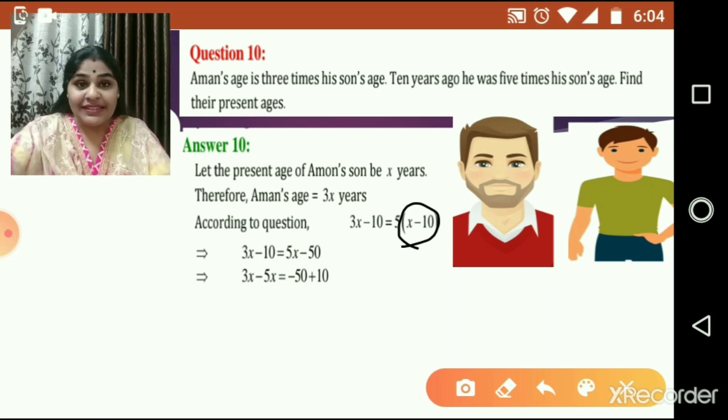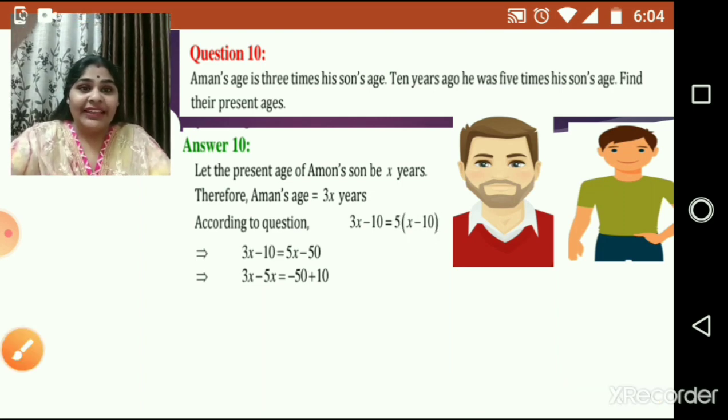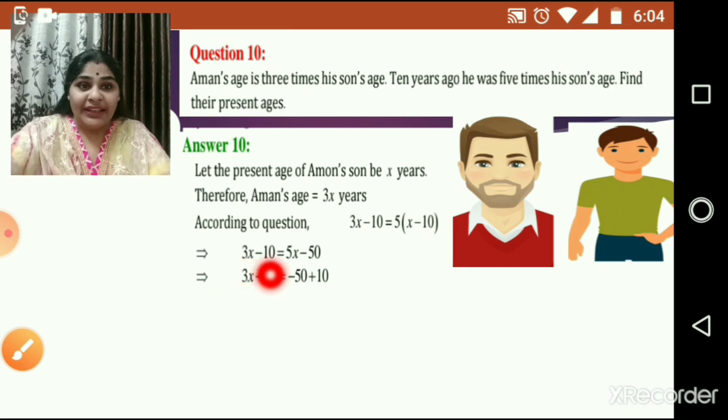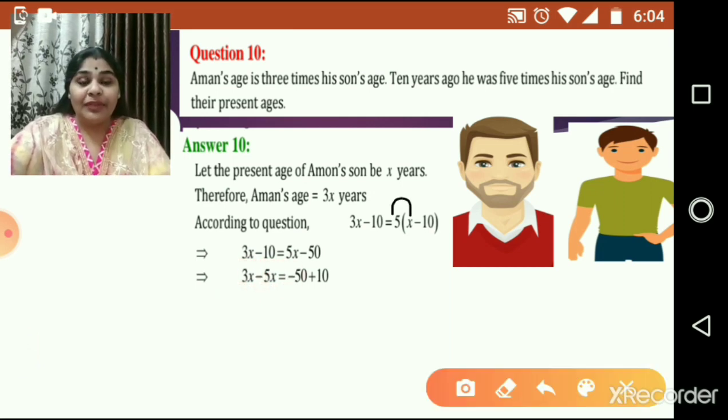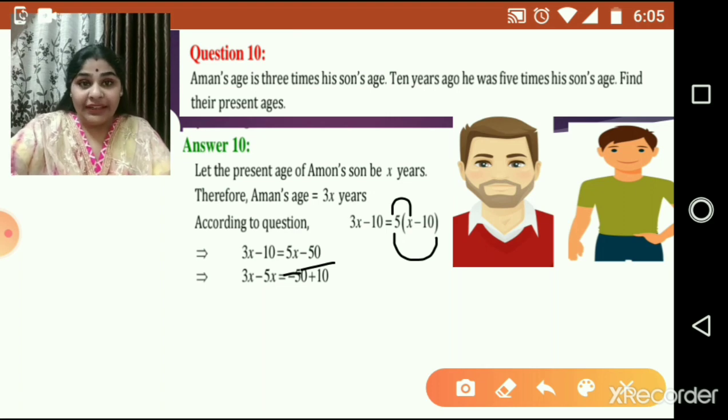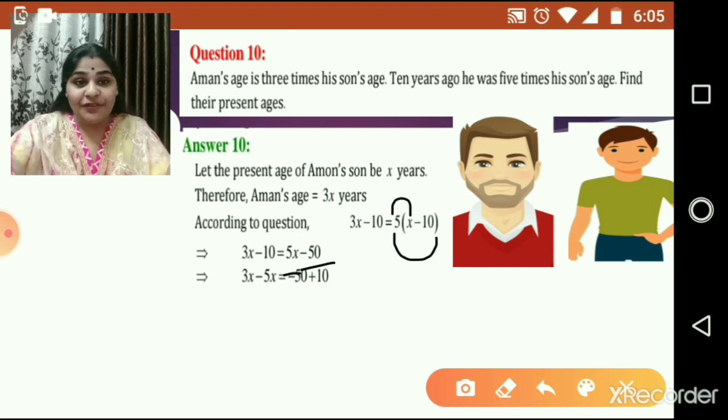Why x minus 10? Because we are talking about 10 years before. So 3x minus 10 will be equal to, now we are opening the bracket, 5 multiplied by x will be 5x, and 5 multiplied by negative 10 will be negative 50, that is minus 50.